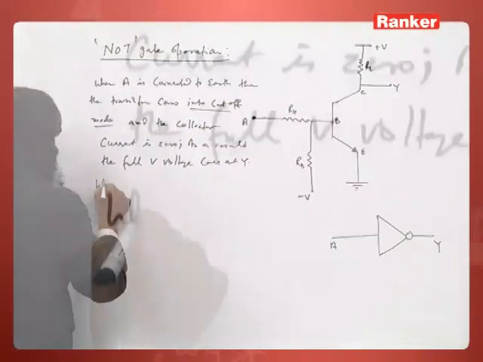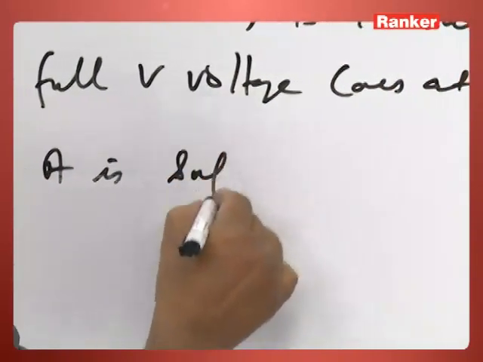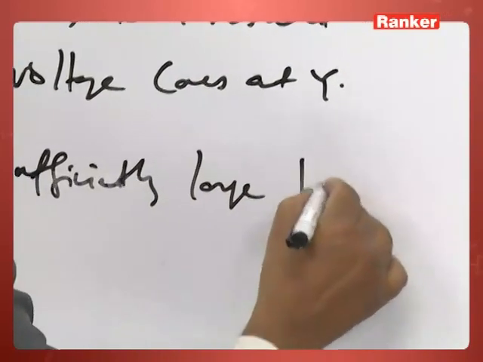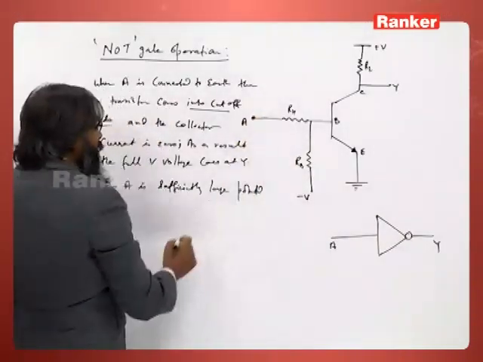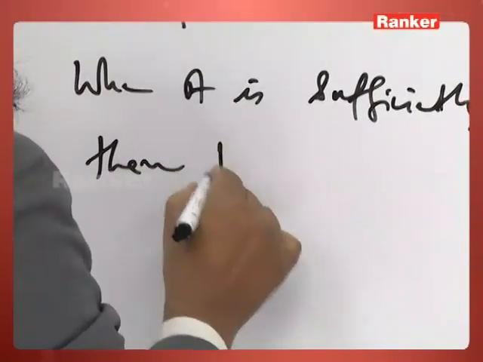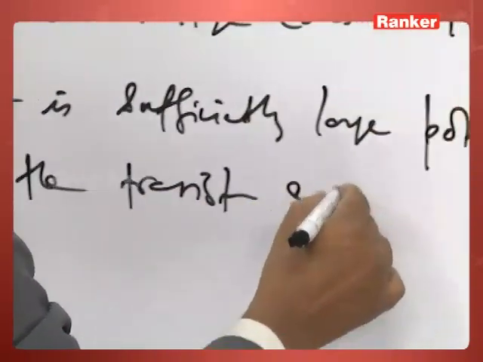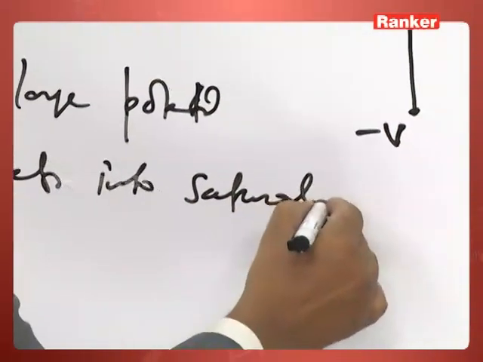However, now when A is at a sufficiently large potential, say V potential, then the transistor gets into saturation mode.